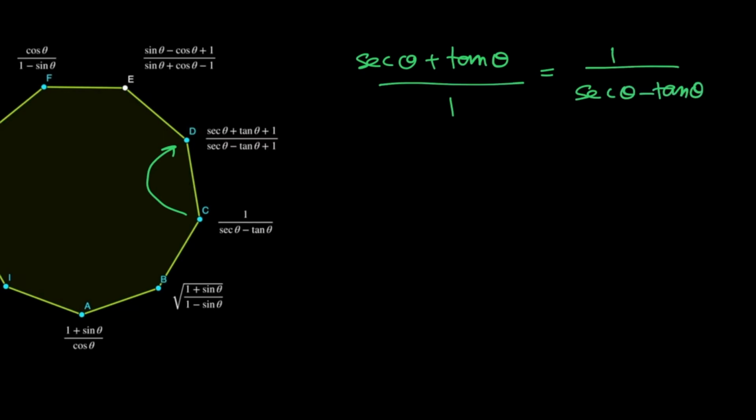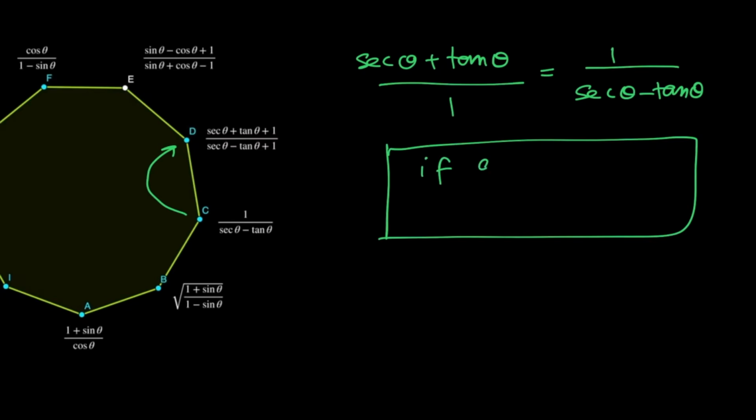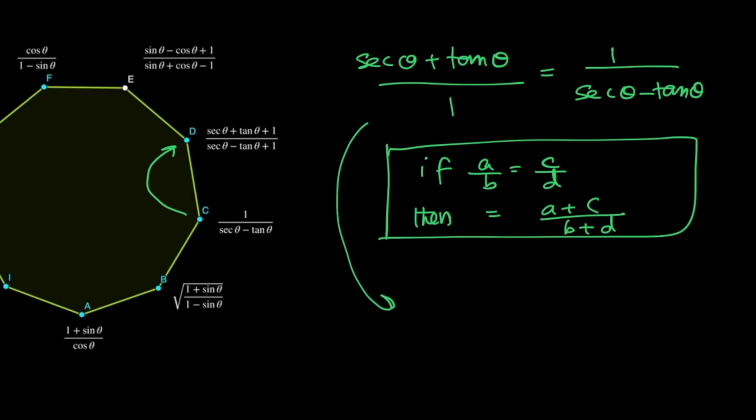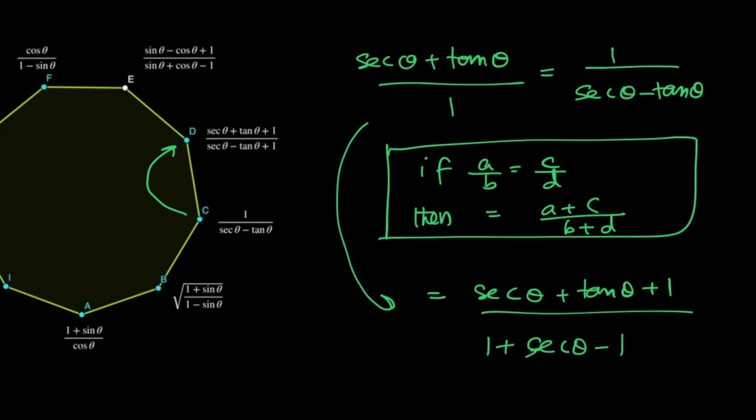Now we are going to use a rule from ratio and proportions, which says that if A by B is equal to C by D, then this is also equal to A plus C by B plus D. So using this result, we can say that this is also equal to sec theta plus tan theta plus 1 by 1 plus sec theta minus tan theta. So we have the result ready.